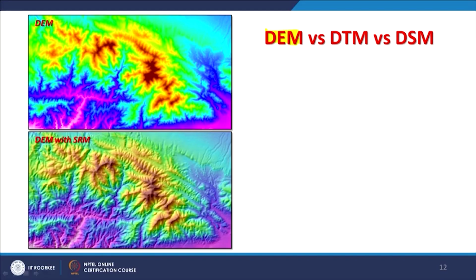So, that is considered a simple DEM. But here, you can see the DEM with SRM or hillshade, where both have the same input, but one is SRM and another is DEM, and the DEM, the color one, is over the surface. So, we call it a DEM with SRM.